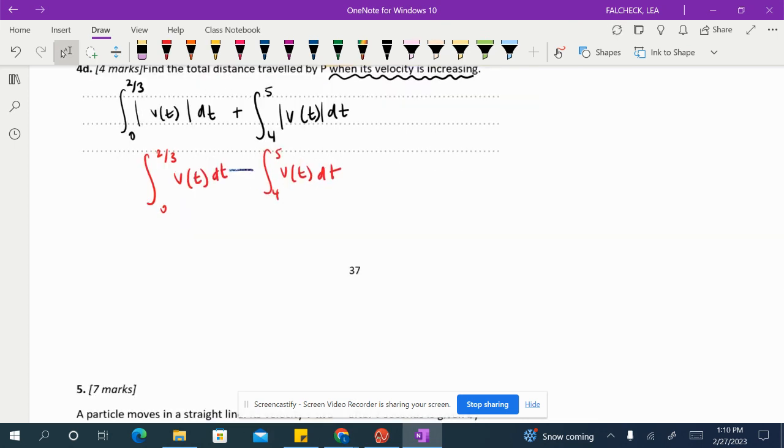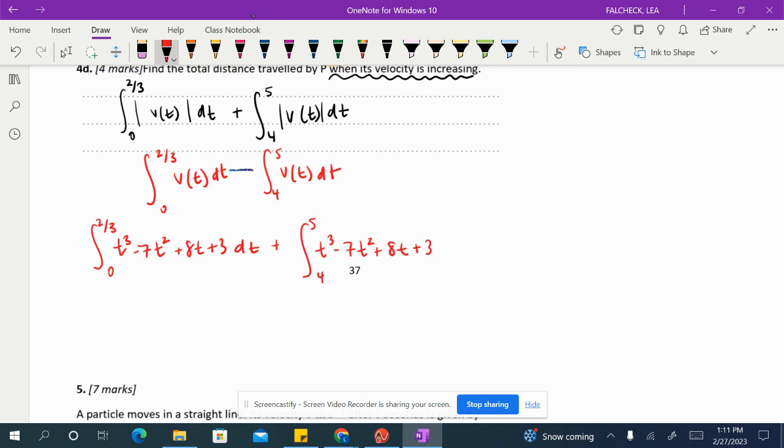If we're calculating this by hand, we now have our velocity function as t cubed minus 2t squared plus 8t plus 3. And this is why I thought this was a great question to put everything together, but it's weird because finding the integral of something like this by hand is going to be a nightmare.